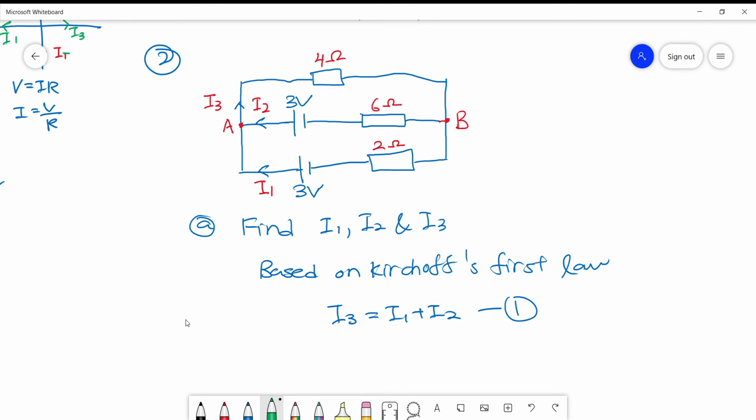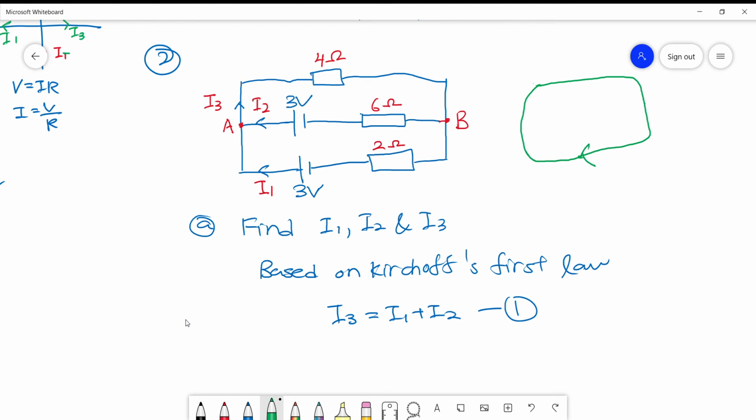Consider my first loop, which comes from the lower part. This is the path for the current. From the lower part we move to the upper part, which is the path after the current becomes I3, pass through the upper part and finally come down to the lower part again.